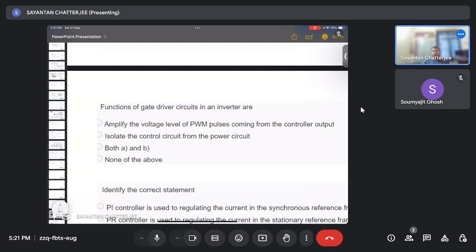So, functions of gate drivers. Amplify the voltage level of PWM pulses coming from the controller. Isolate the control circuit from the power circuit. Both A and B, none of the above.